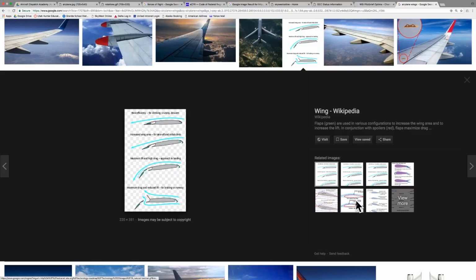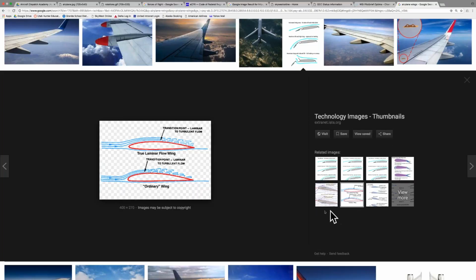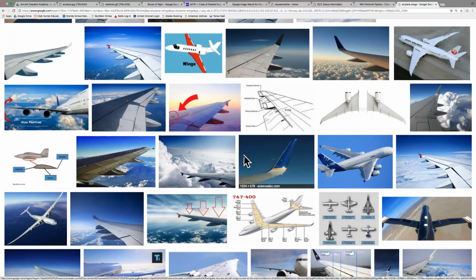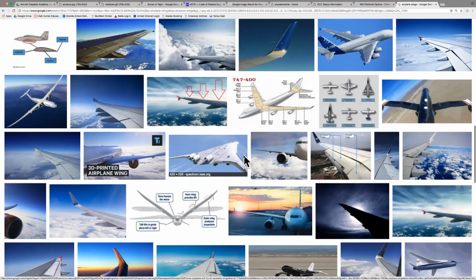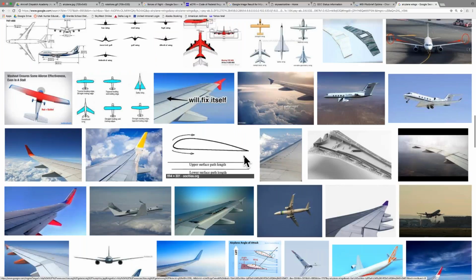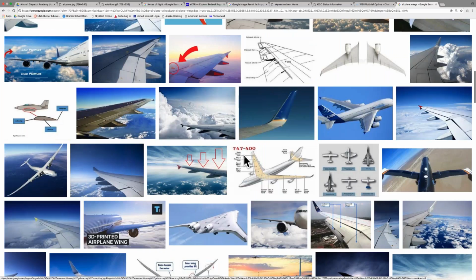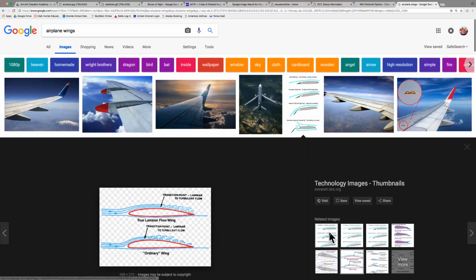This is a little more in depth. So this is kind of what the shape of a wing looks like.